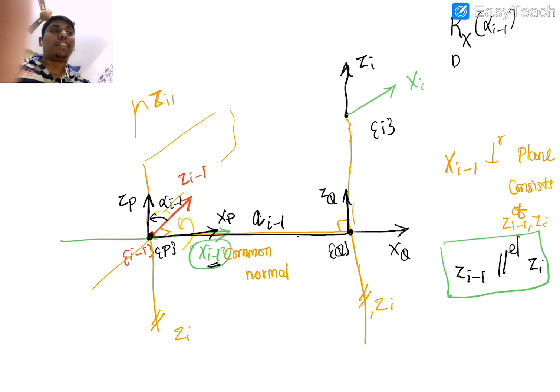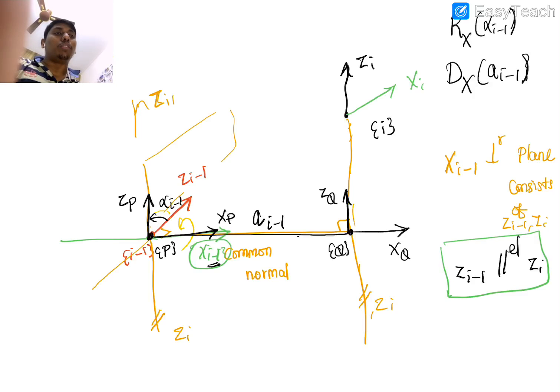The translation operation I am calling D, translation along x by the distance ai minus 1. This is the second operation. Now the ith frame and the q frame are a distance apart, and xi and xq are oriented apart or rotated apart.